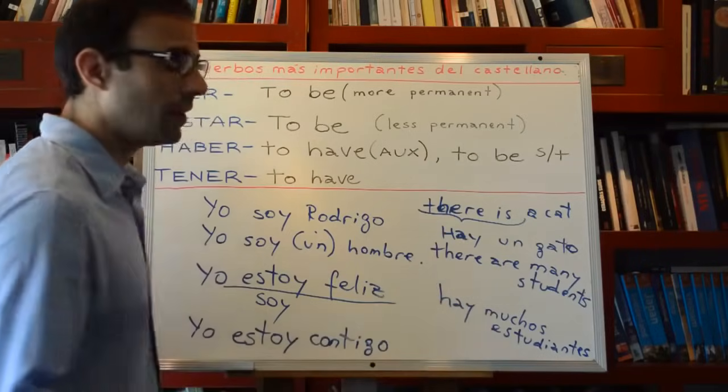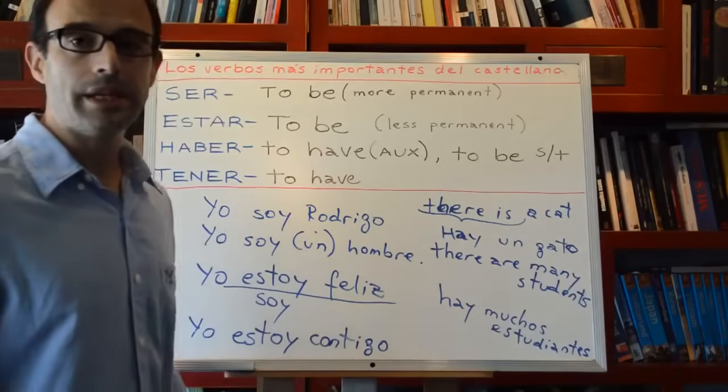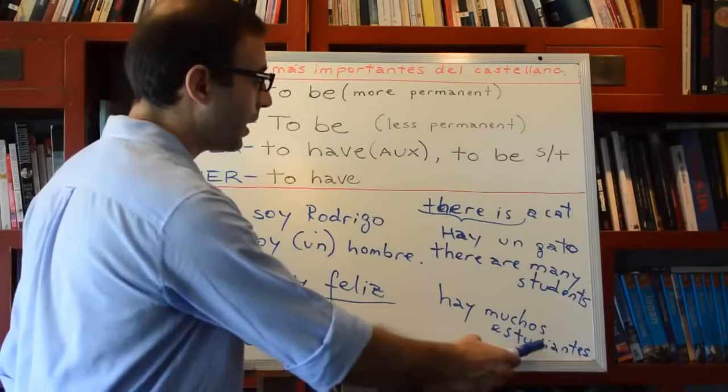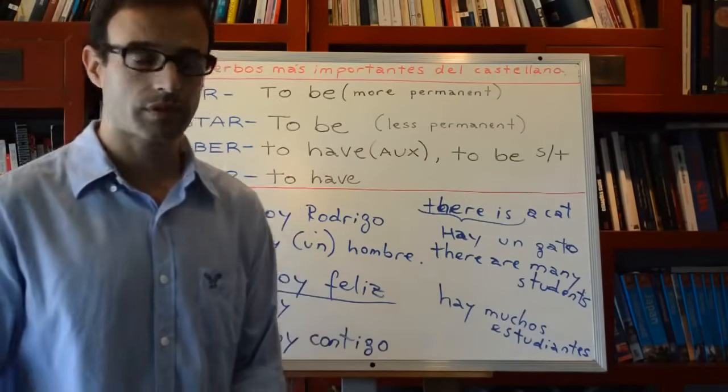Hay means there is or there are, okay? Muchos means many, countable. Estudiantes for students. Hay muchos estudiantes, there are many students.